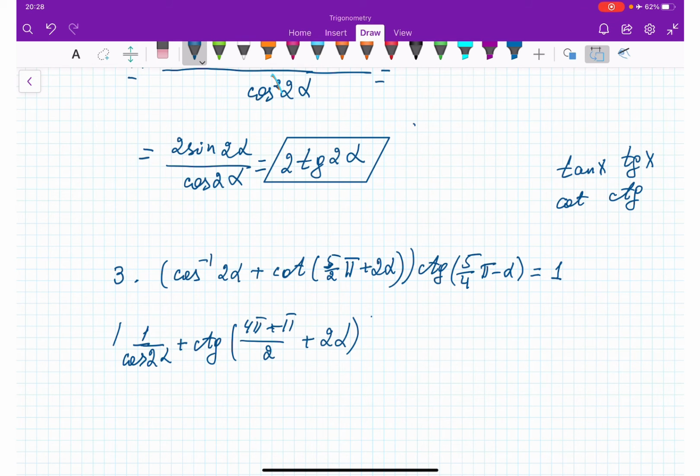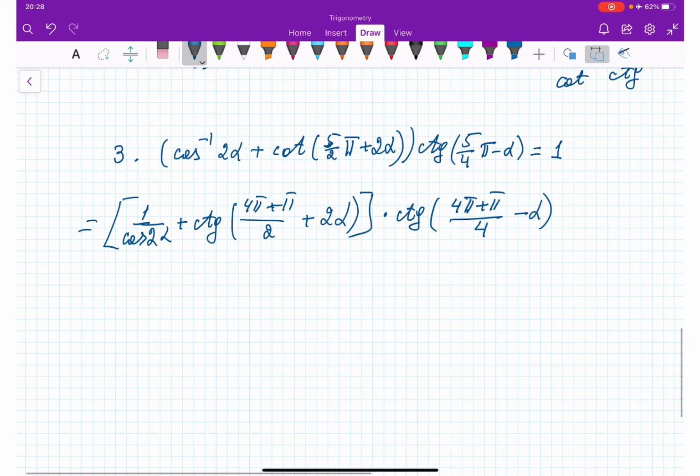And that's all multiplied by cotangent. Same thing here. It's going to be 5 pi, 4 pi plus pi, right? And that is divided by 4 and minus alpha.